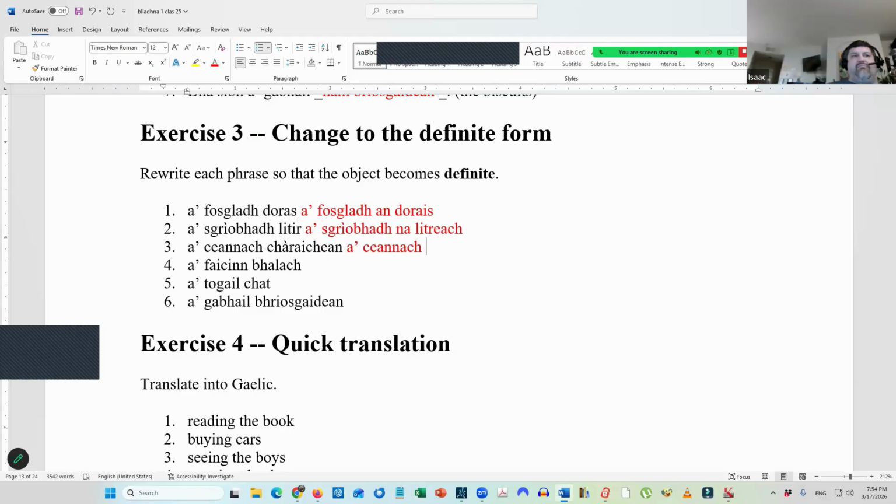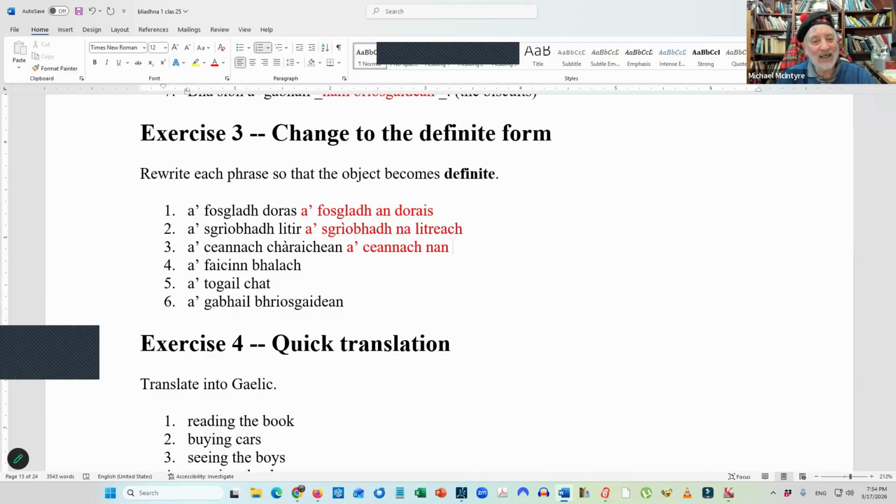Car. The... would it be non karakan? Very good. Non karakan. No lenition for the.